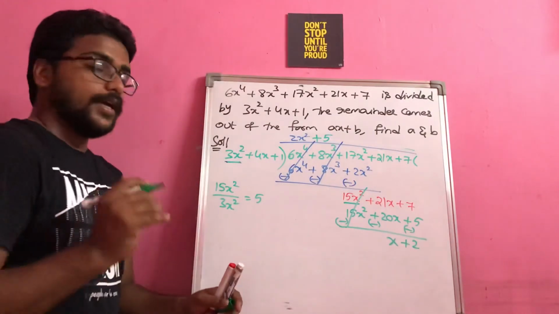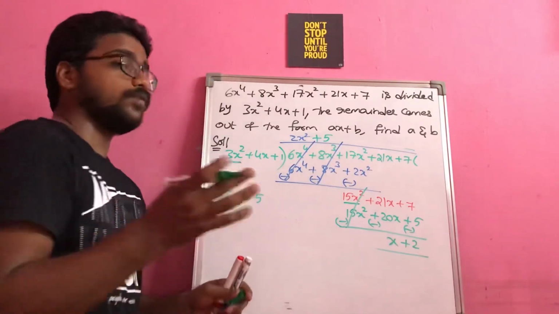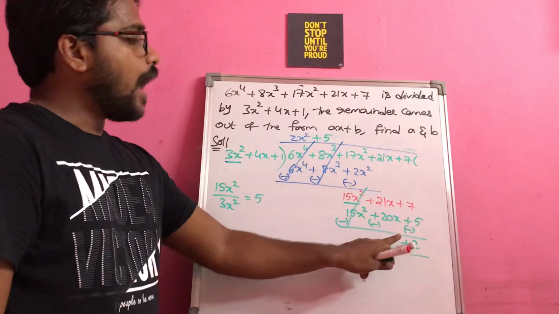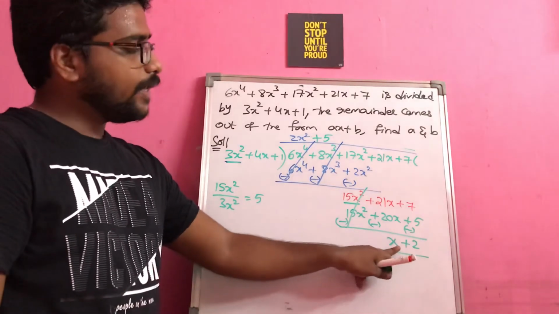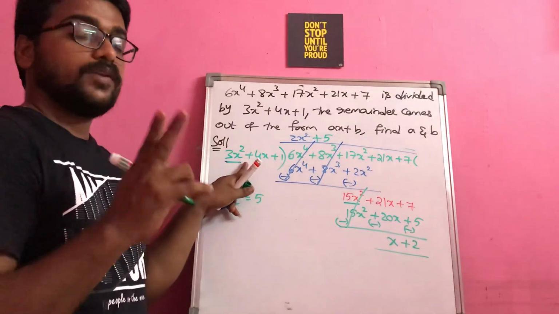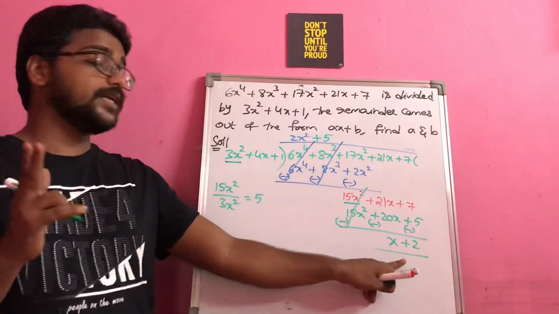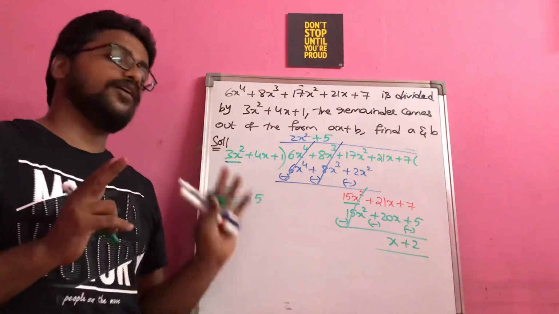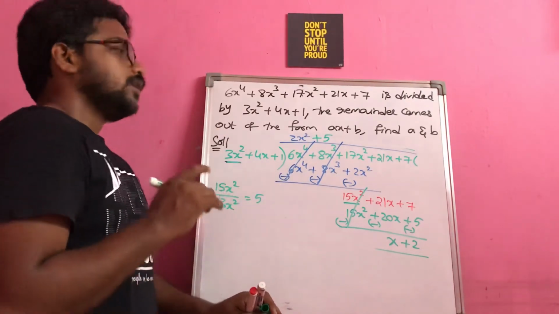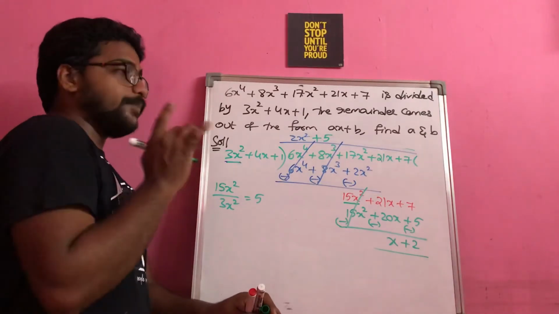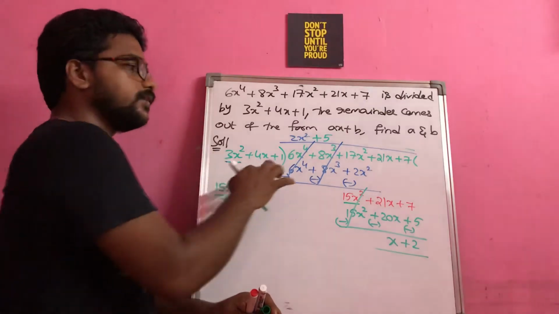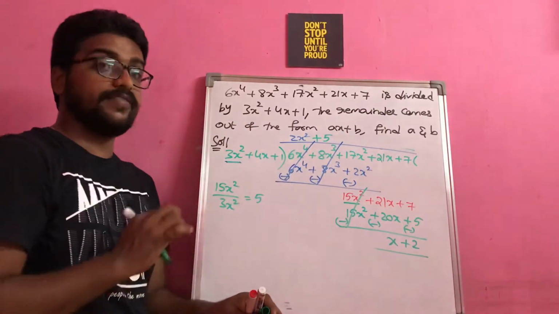That's it. Again, you can check whether the rules we discussed are satisfied or not. This is the remainder. Degree of this remainder is 1. The degree of the divisor is 2. We discussed that the degree of the remainder is always less than the degree of the divisor. So our rules are satisfied. Also, if you take the sum of the degree of divisor and quotient, you will get the degree of dividend.